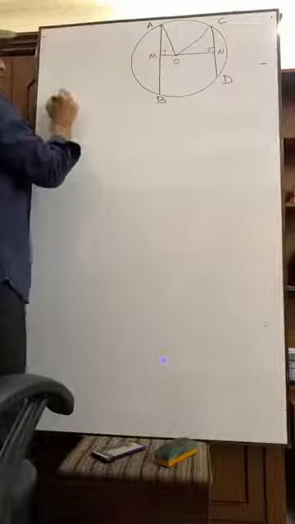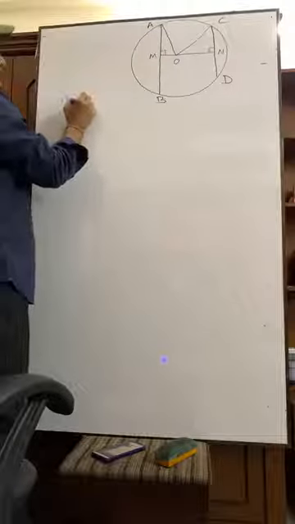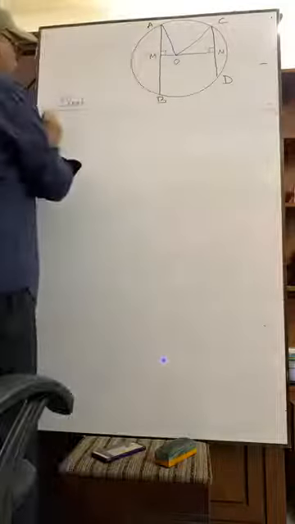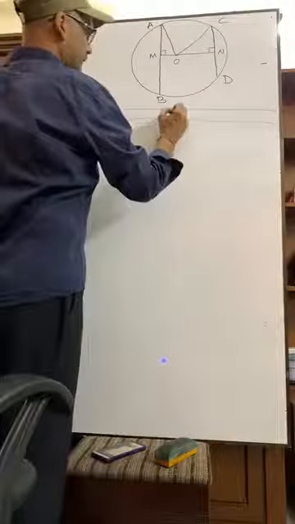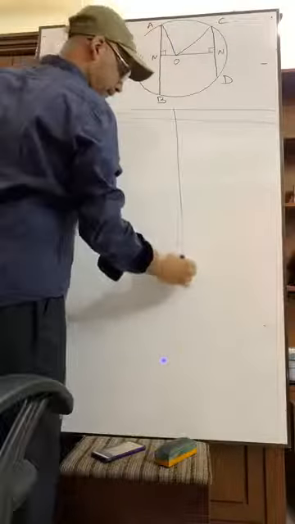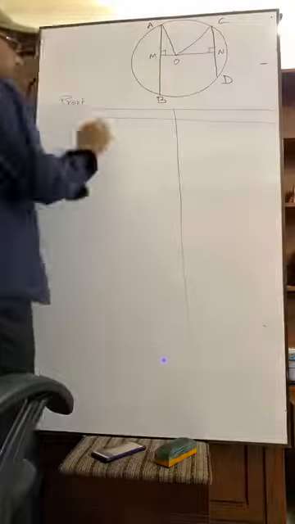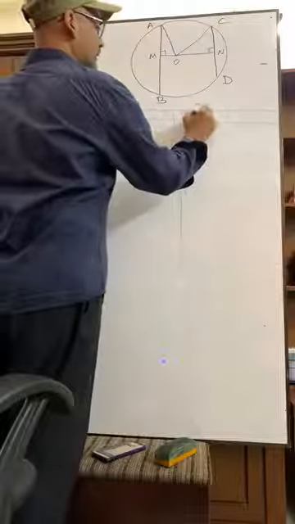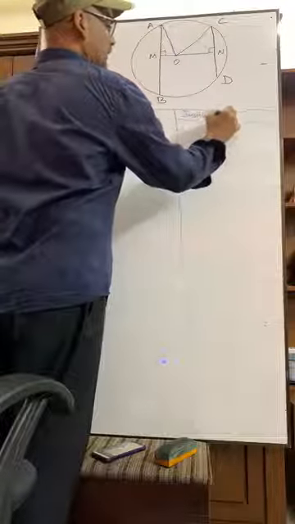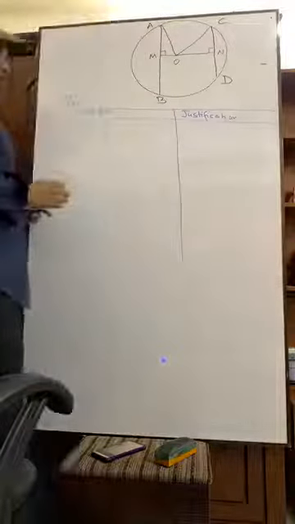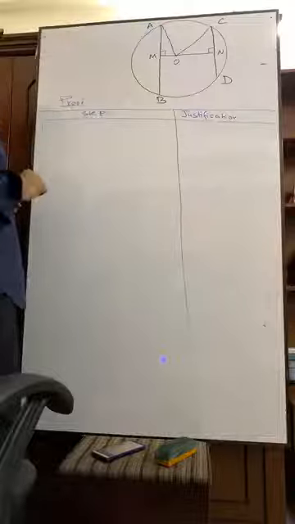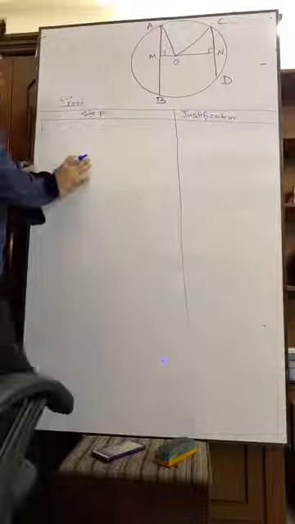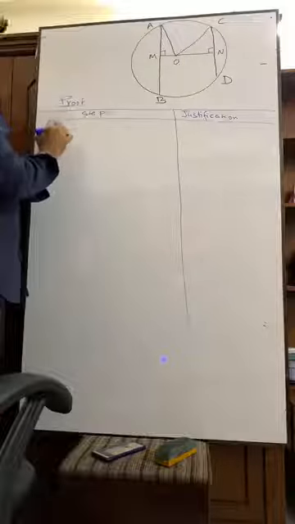Now write down proof. Steps and justification. Number 1. What we have got?